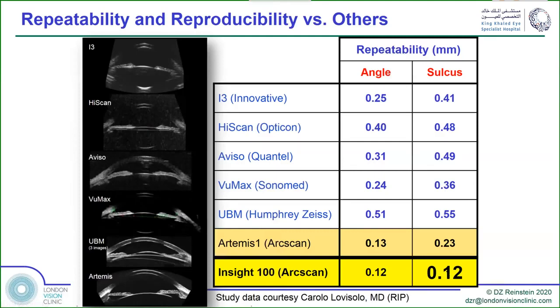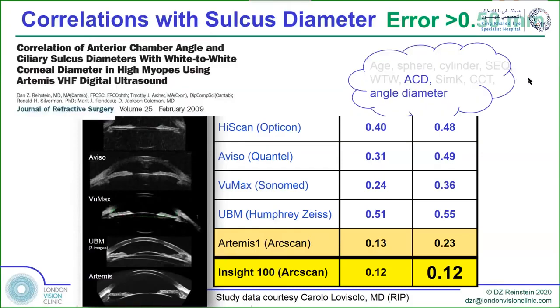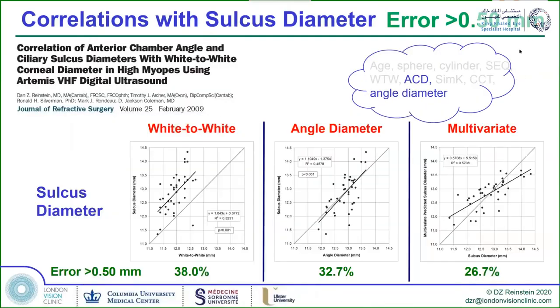And I'm going to show you why this is important, because if you look at the chances of predicting the sulcus diameter, I'm going to talk in terms of sulcus being better than white to white for now.